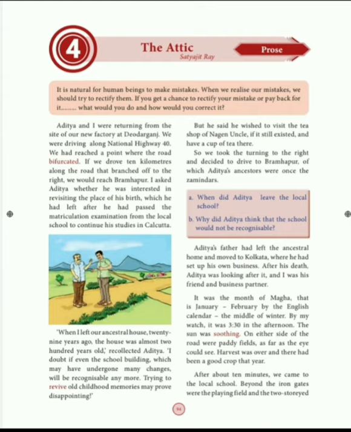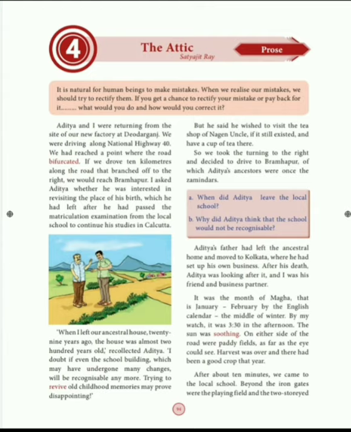One road takes towards Calcutta, and another road reaches a place called Brahmapur. So 2 places: one road moves towards Calcutta, and another road is diverting towards Brahmapur.